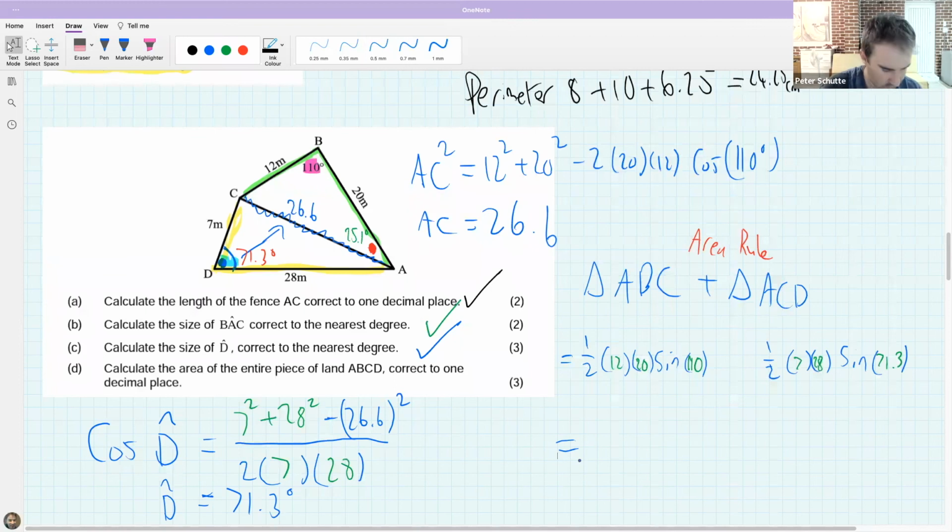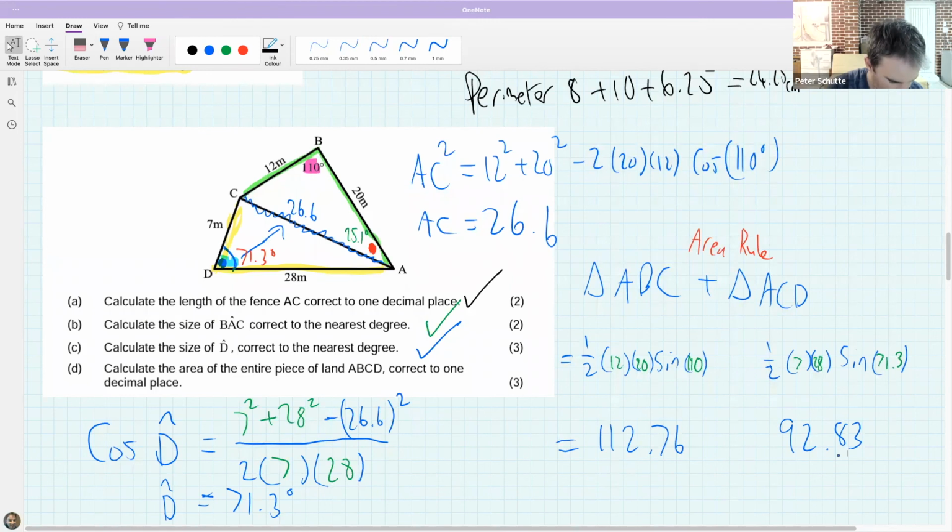So what are you getting, guys? 6 times 20 times. So I got 112.76 here. And then for the other one, I get 92.83.